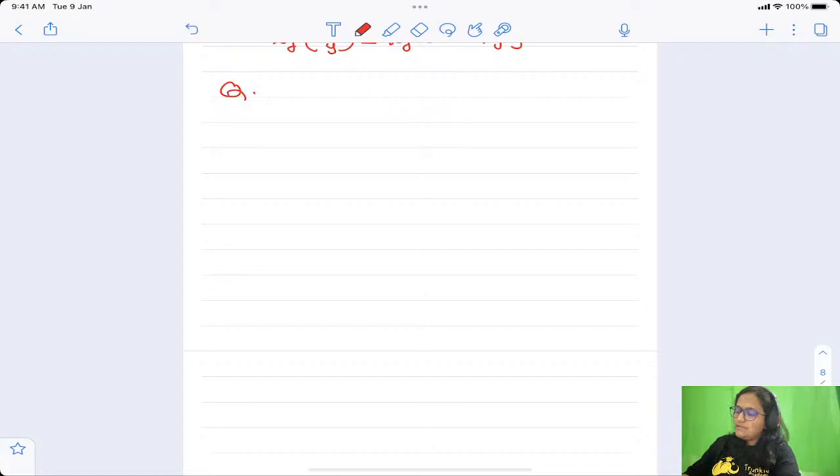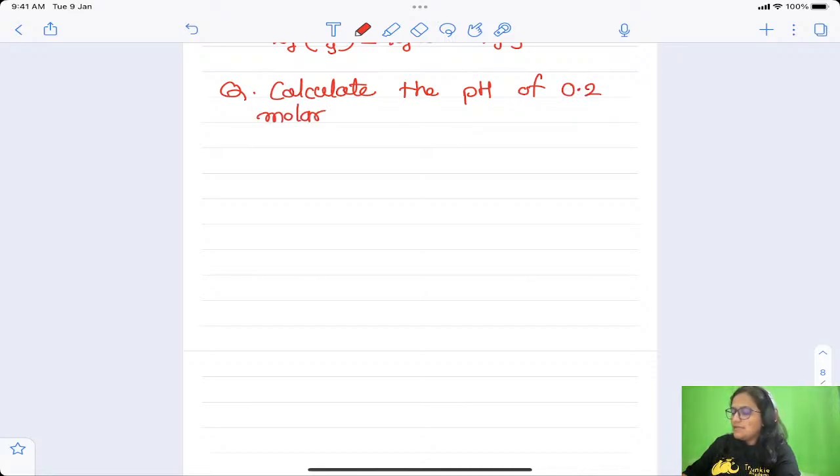Next question: calculate the pH of 0.2 molar H2SO4 solution. H2SO4 is the sulfuric acid, right?